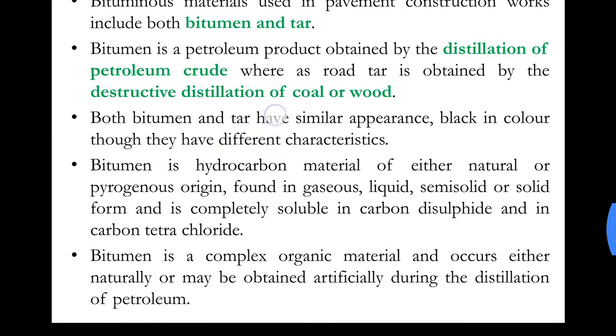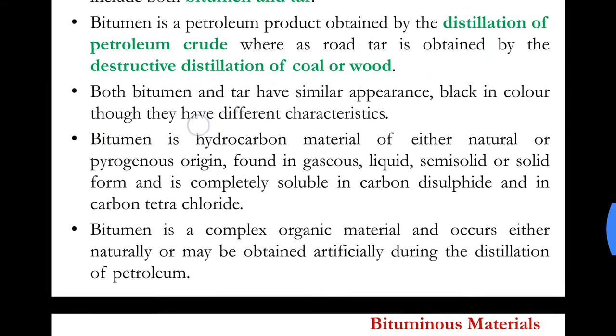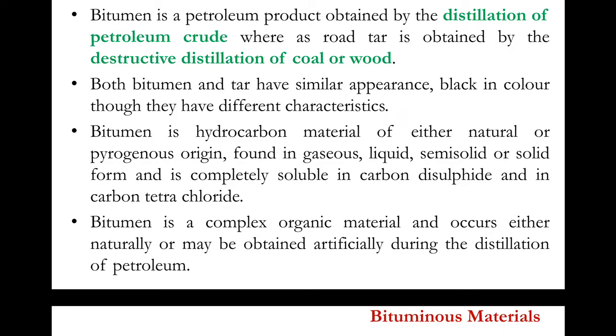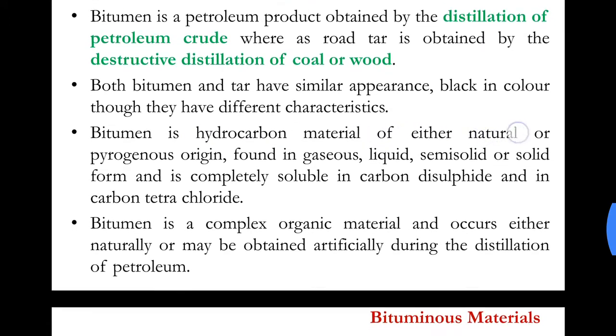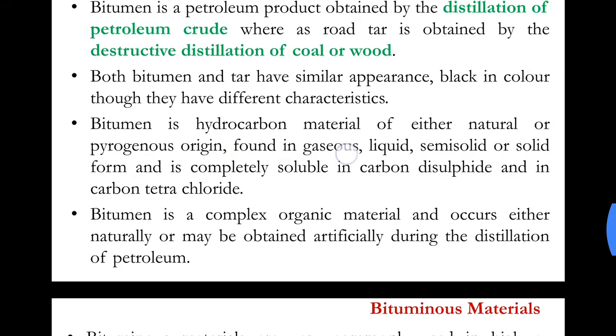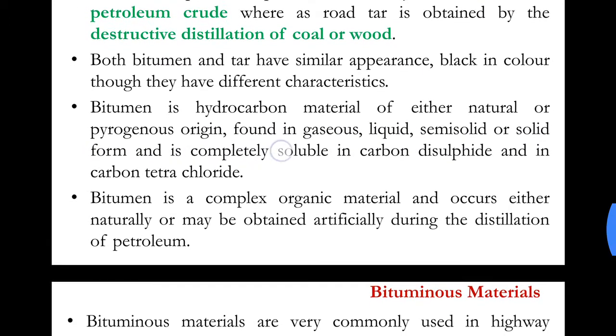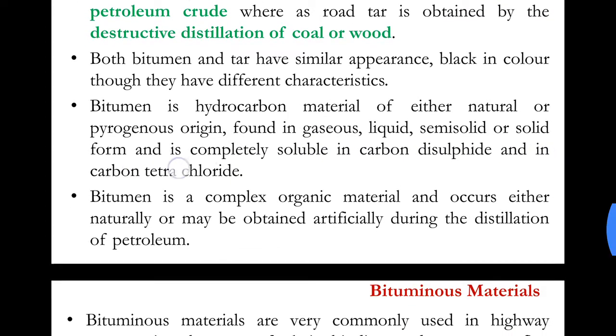Both bitumen and tar have similar appearance, black in color, though they have different characteristics. Okay, so they both appear to be same, but they do possess few differences. Bitumen is hydrocarbon material of either natural or pyrogenous origin, found in gaseous, liquid, semi-solid or solid form, and is completely soluble in carbon disulfide and in carbon tetrachloride.